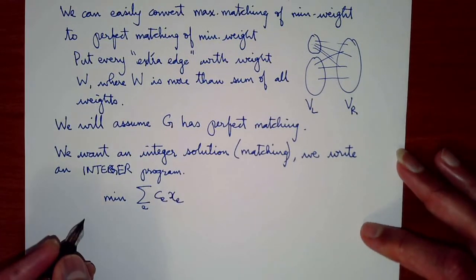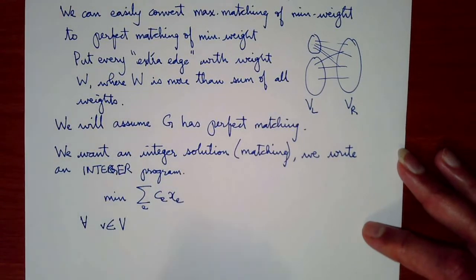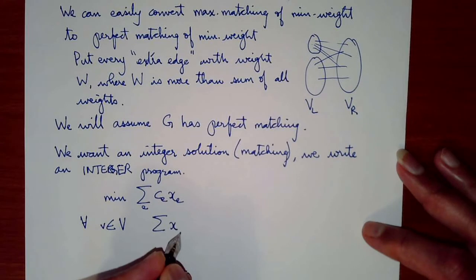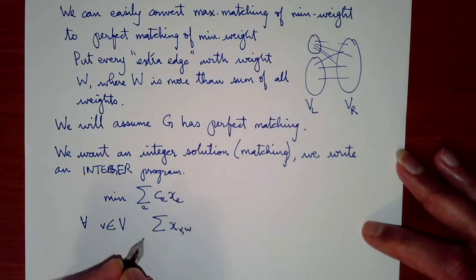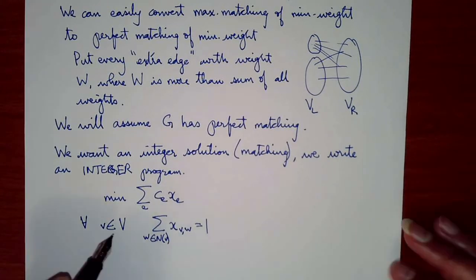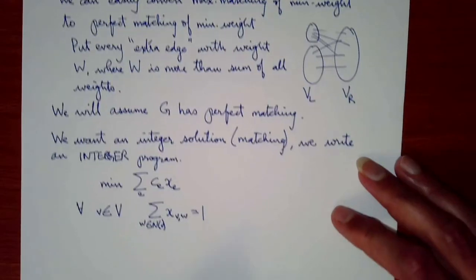with the constraint that because I want a perfect matching, for all the vertices v in V, I want the summation of x_vw, where w is in the neighborhood of v, to be 1. And you can write the constraint as vw or wv depending on whether it's on the left or the right. So now I'm just going to write it this way.